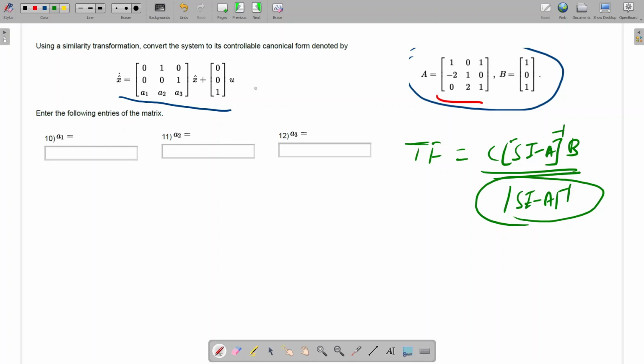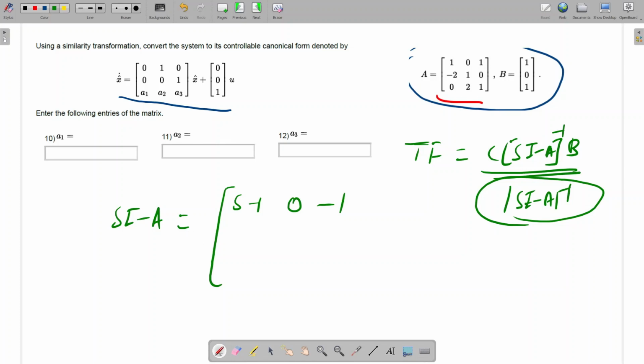So I'm going to write sI minus A, which will be: S minus 1, 0, minus 1.